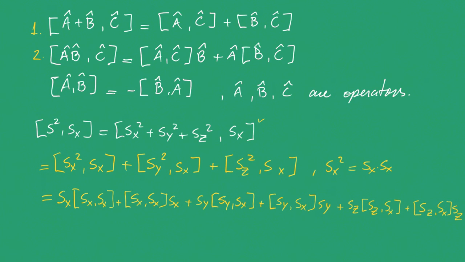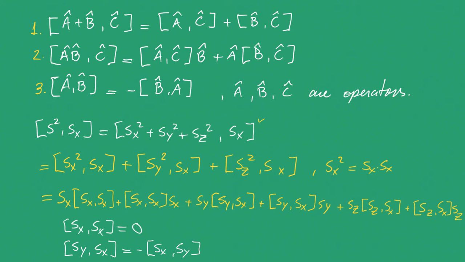We can think of a way to simplify this long expression with some information that we know. For example, we know that the commutator of Sx with itself is equal to 0. Now we can apply the third identity on the commutator between Sy and Sx. Using the third identity, it equals minus the commutator of Sx and Sy.